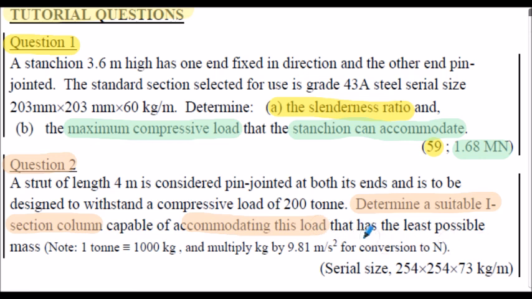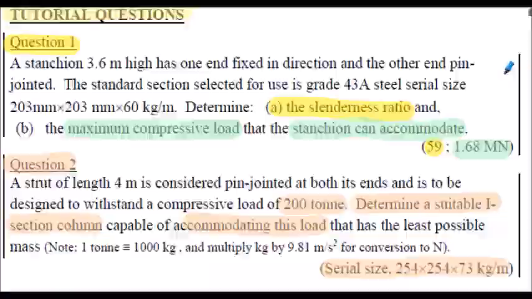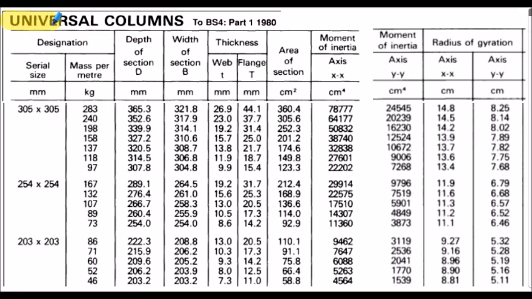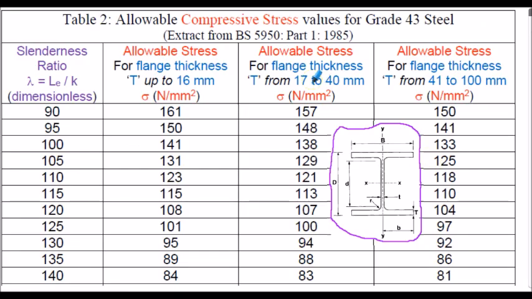Just notice the load is stated in terms of tons here, so be careful with that. Answer is shown in the bracket here. Here's an extract of the universal column table for your reference. Here's an extract of the compressive stress table for your reference.